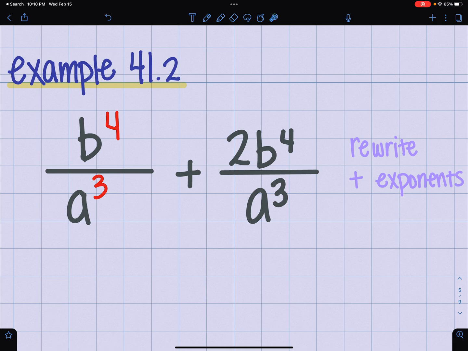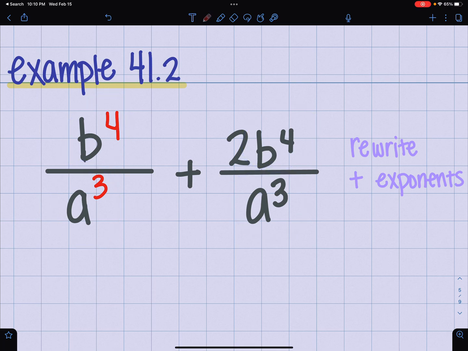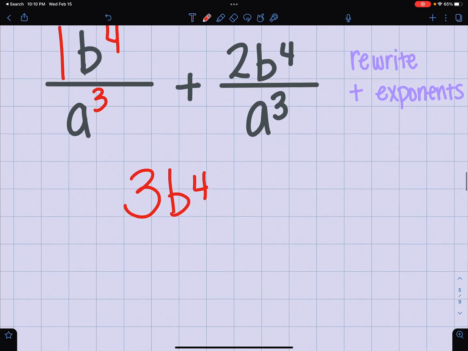So if we only look at the variables, we have b4 over a3. b4 over a3. Yes! So the variables are the same. So we can assume there's a 1 here. And all we have to do is add 1 plus 2. And the answer is going to be 3b4 over a3.